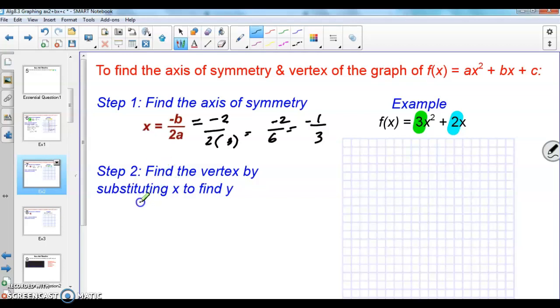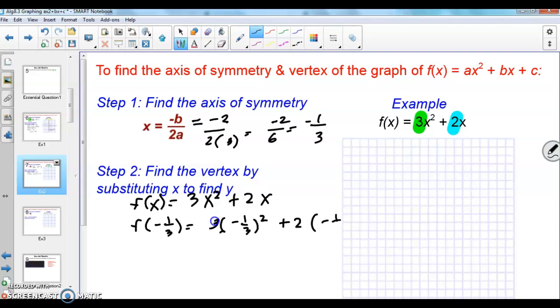So if x is equal to -1/3, we copy f of x here, which is 3x squared plus 2x. Now substituting x equals -1/3, we get 3 times (-1/3) squared plus 2 times (-1/3).